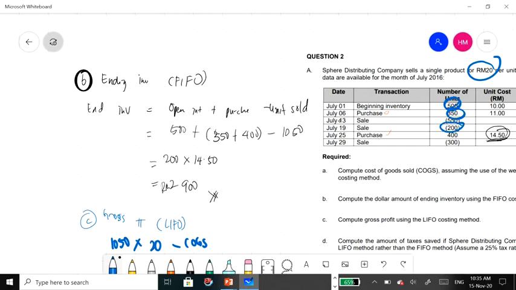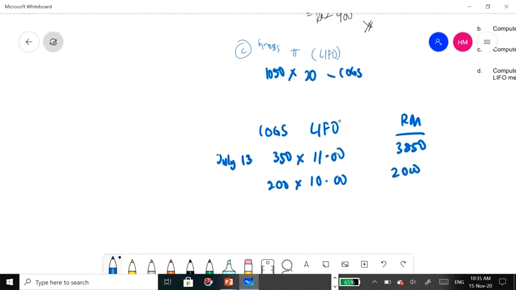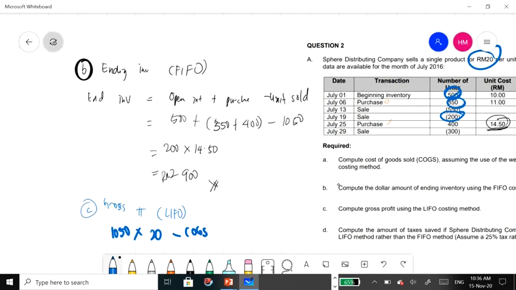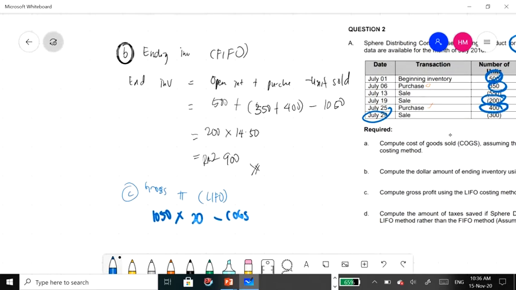Lepas tu sales you 19 haribulan pula you jual sebanyak 200. So ada lagi lah RM10 tu kan. So 19 Julai, 200 times with RM10. So you akan dapat 2,000. So next, 29 Julai sales you 300. So last, walaupun ada baki lagi dekat sini, tapi since dia last in first out, so you akan ambil yang RM14.50 ni.